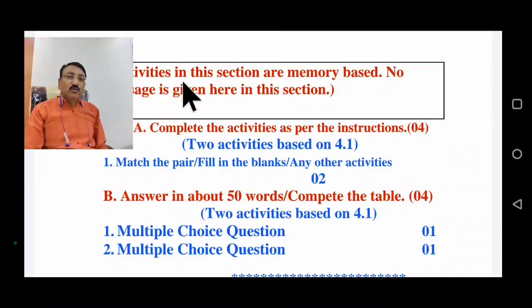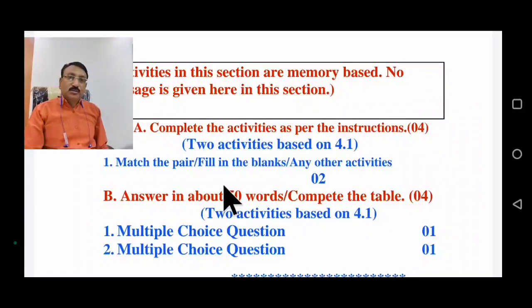So this is how the format of the activity sheet will be for the first term examination for 11th class students. While attempting all these activities, students need to follow time management. As I have already told you, the time for this activity sheet is 2.5 hours, means 150 minutes.